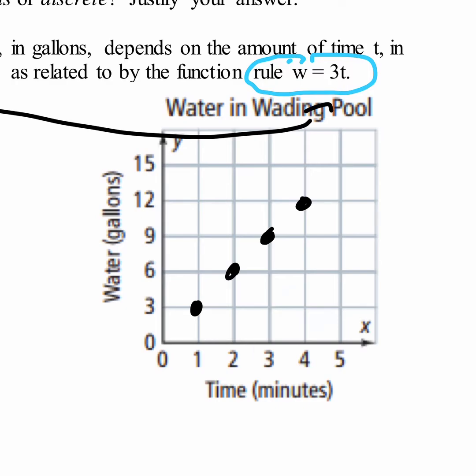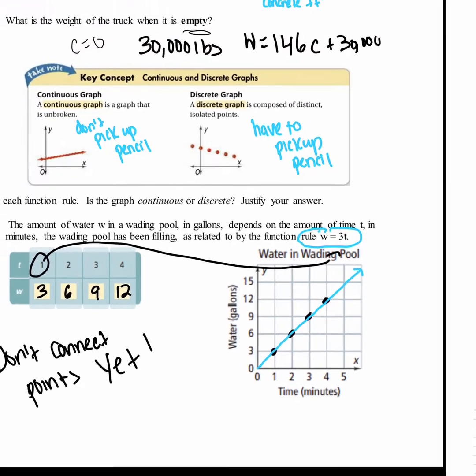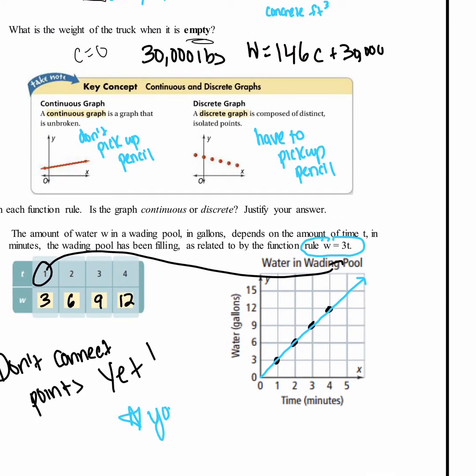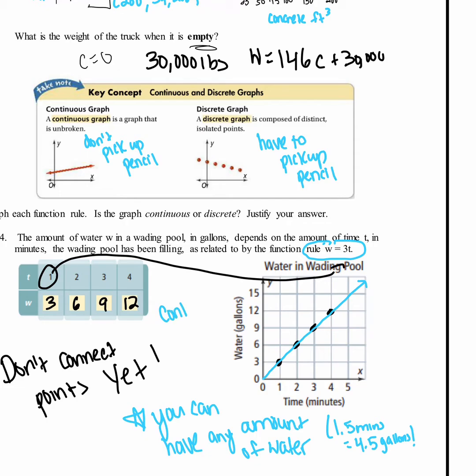You can have any amount of gallons and any amount of time as you need. So yes, we would connect, because you can have any amount of water. For example, after 1.5 minutes, if you plug 1.5 in for t, you would get 4.5 gallons. It makes sense to have half a gallon, right? You can have half gallons, quarter gallons, third gallons. So in that case, it would be continuous.